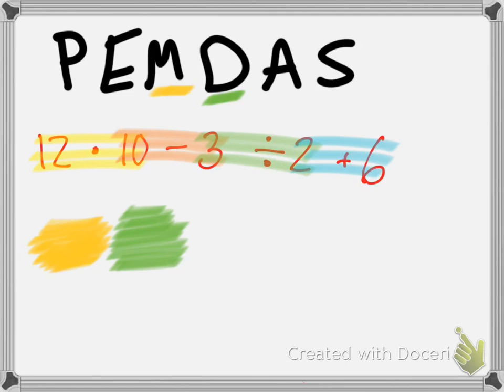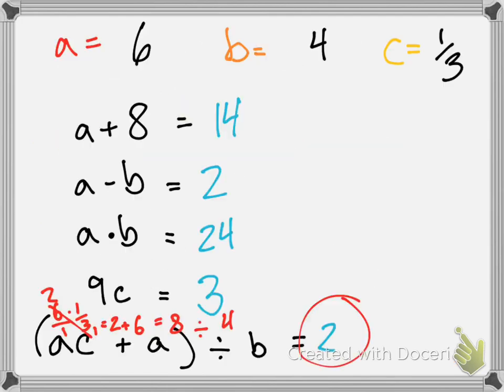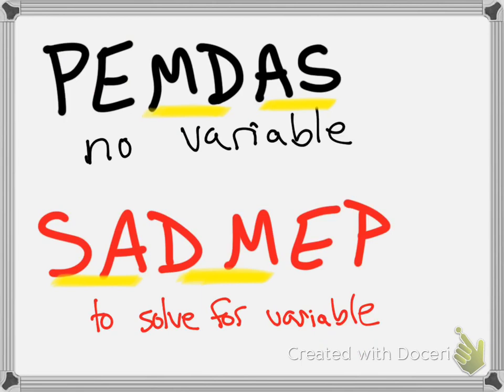So yes, Hannah is correct in the sense that we actually do this one first, technically orange. But we do that one first because, just like we remember from before, addition and subtraction are the same thing. So when we get to the same thing, for these ones down here, we go left to right, and for these down here, we go left to right, just like we saw over here.